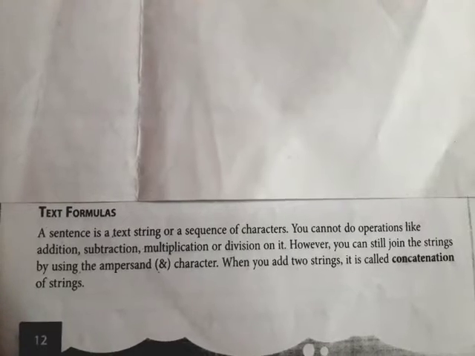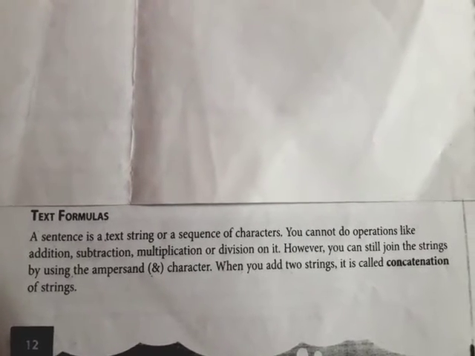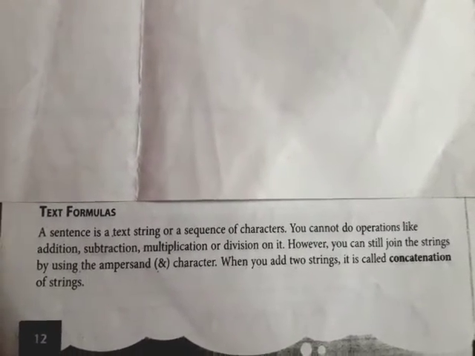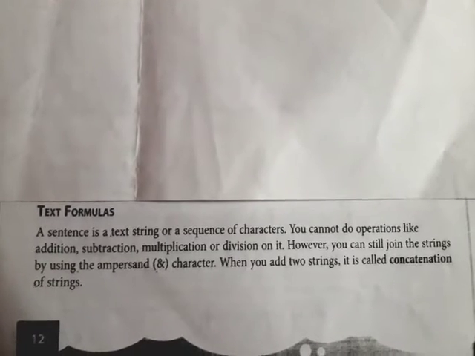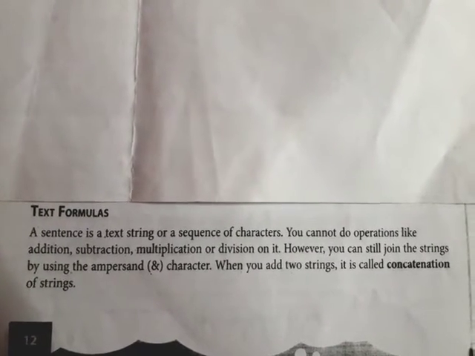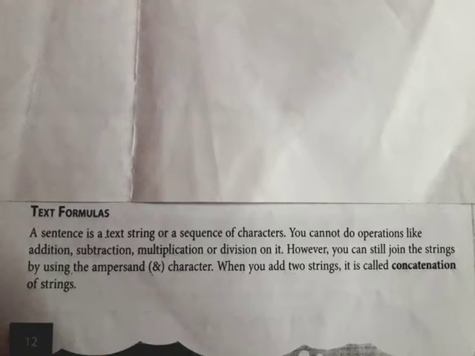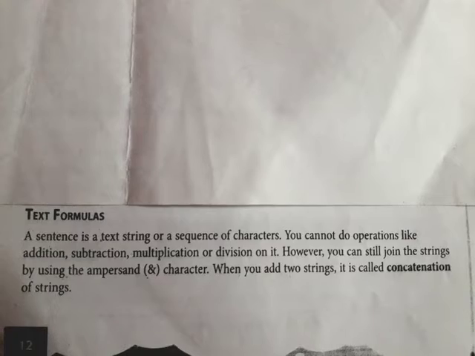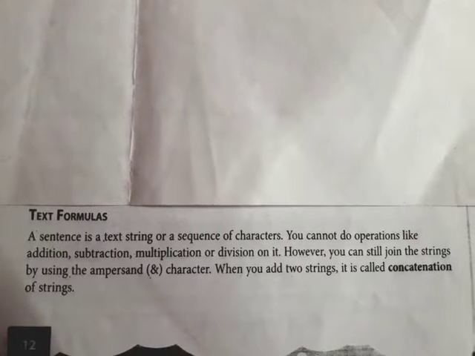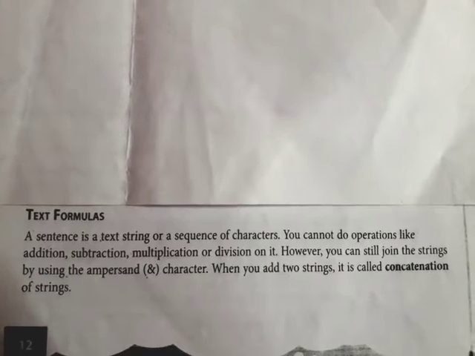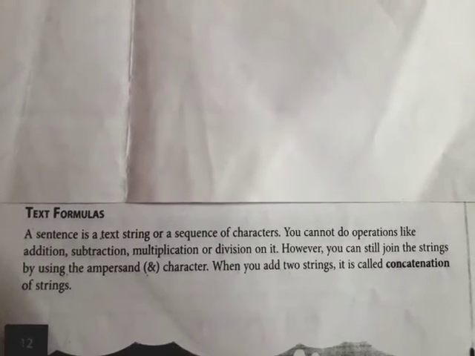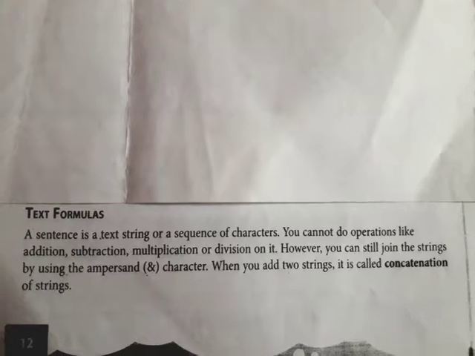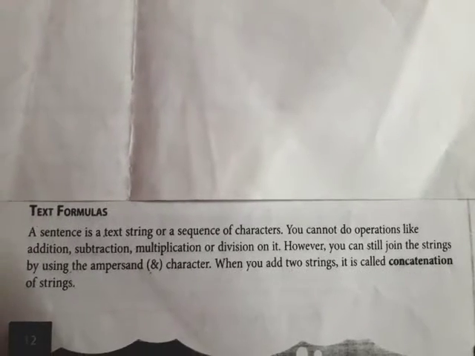Text formulas. A sentence is a text string or sequence of characters. So what does it mean by text? Text means a sequence of characters, or in computer language it is called a string. You cannot do operations like addition, subtraction, multiplication or division on it.